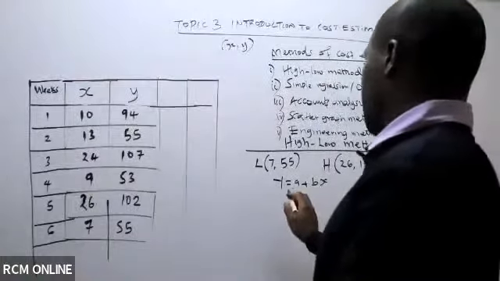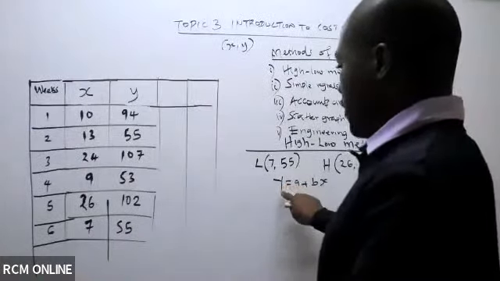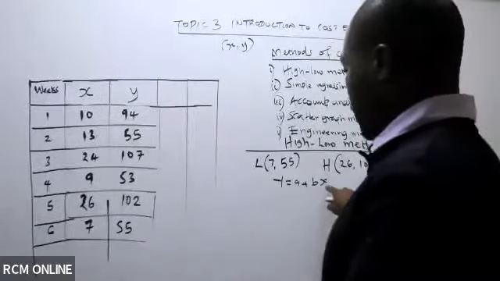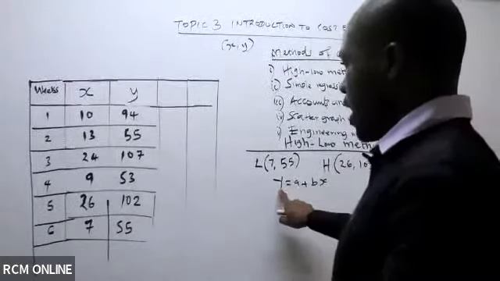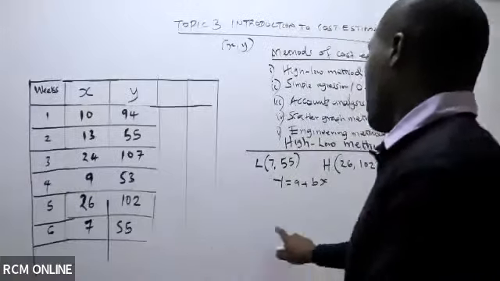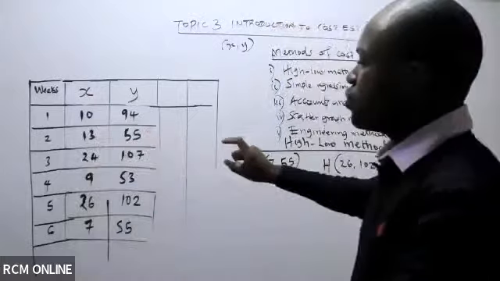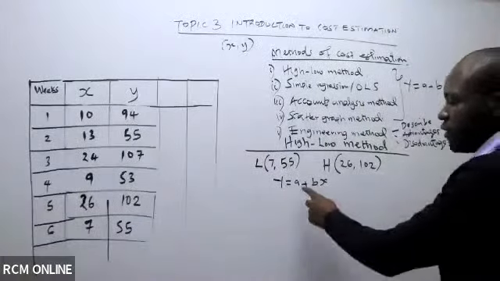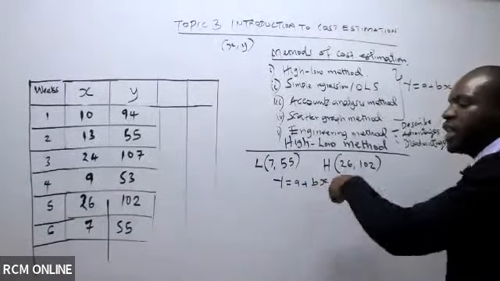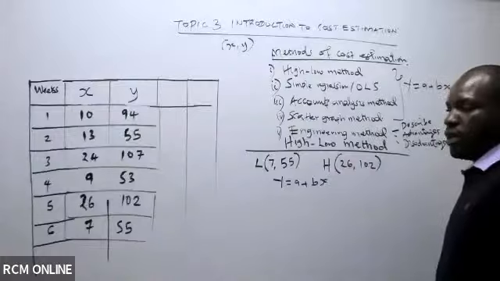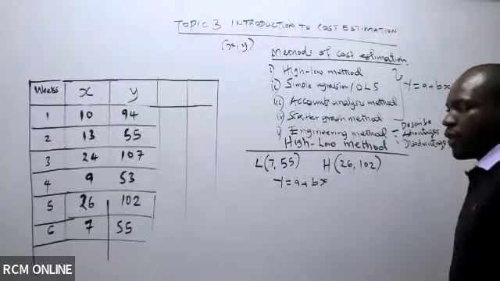Good. So can we have it? We have this unknown figure. We have this unknown figure. Of course, we have the values of y here. We have the values of x here. So we want to use these figures to be able to get the value of a and the value of b, which are constant. Then we will be able to come up with the cost function.